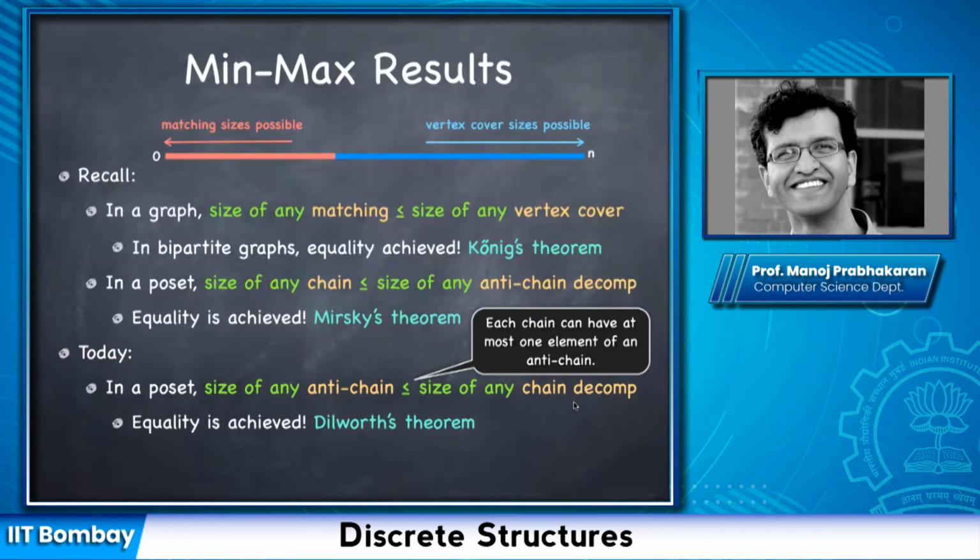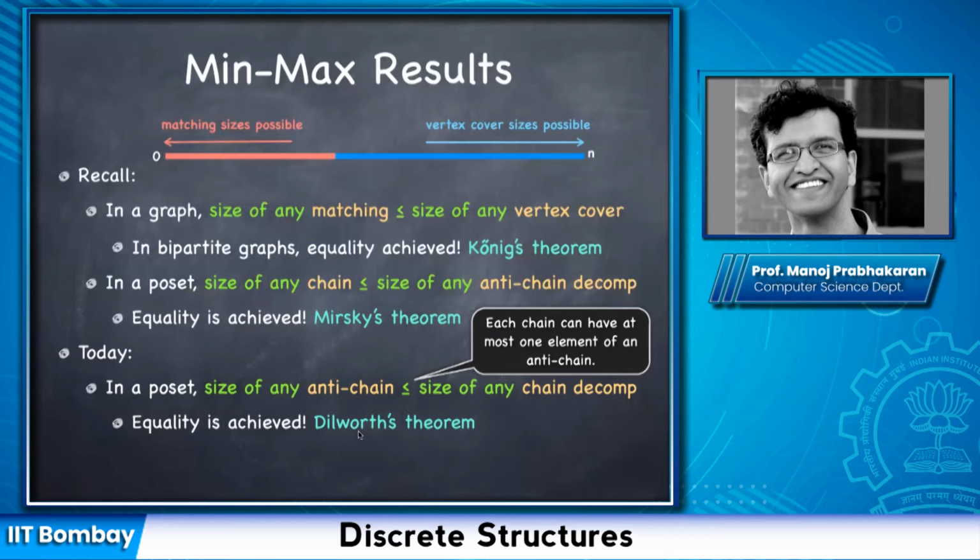You cannot use the same chain to cover two elements in an anti-chain. So that direction is easy, that chain decompositions will have to be large. It will have to accommodate each element in the largest anti-chain in separate chains.